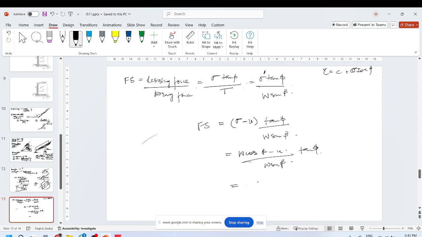This can be gamma, and these will be different.